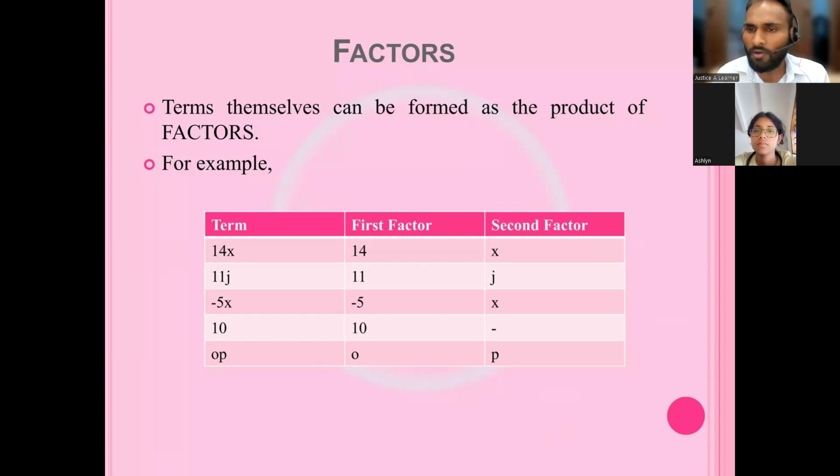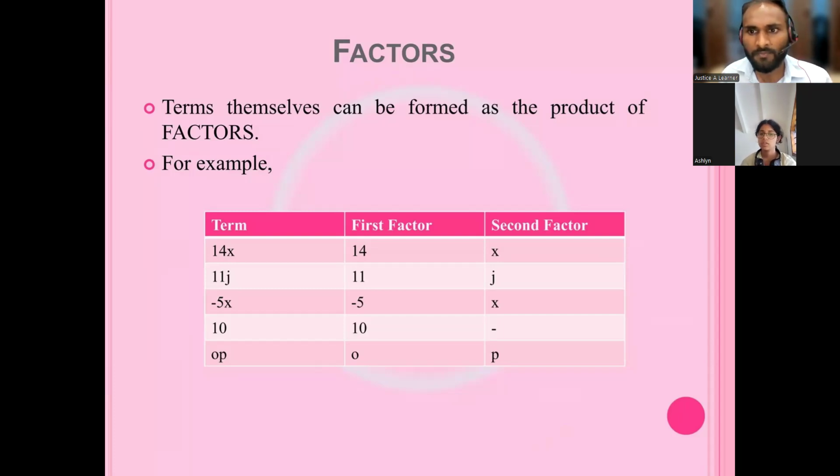So now can you define factors in your own language? Factors. Okay, let me help you. Factors can be the product or multiplication of different terms, either variable or constant, either literal or numerical.